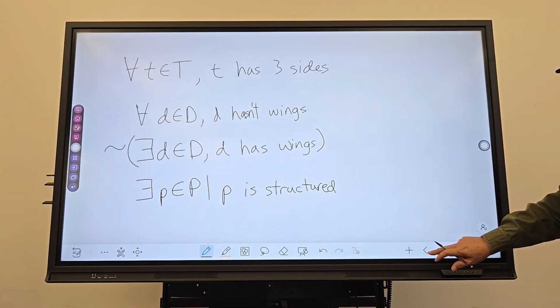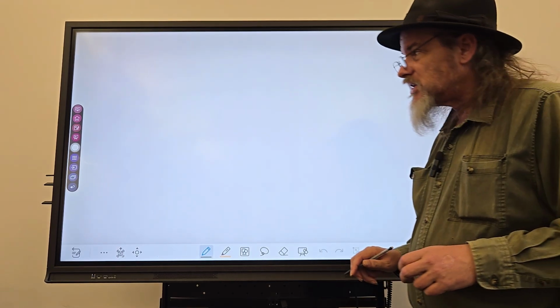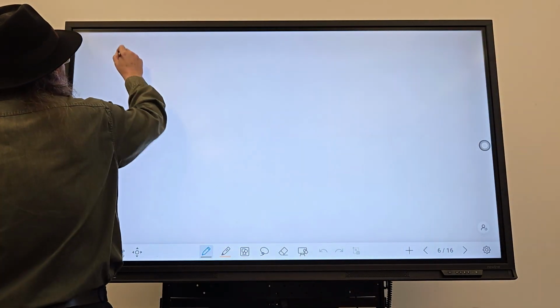Anyway, how about universal conditional statements?